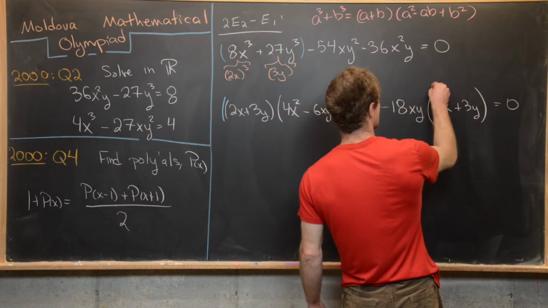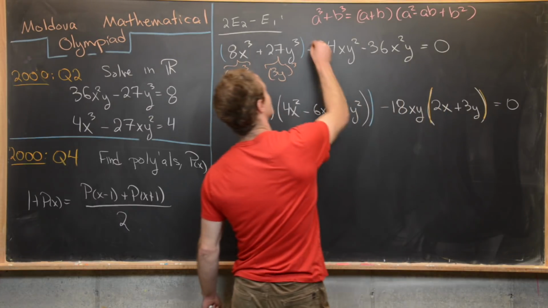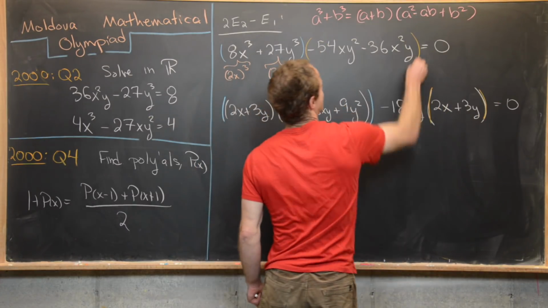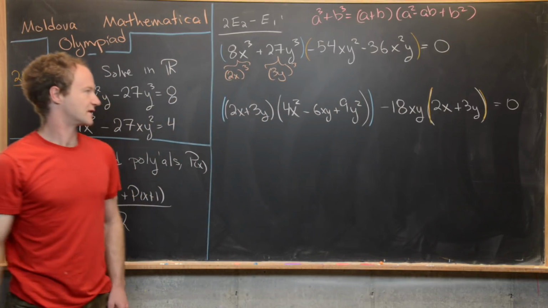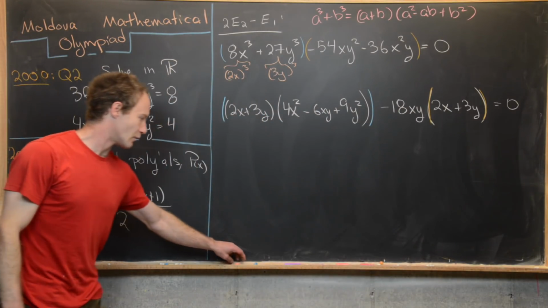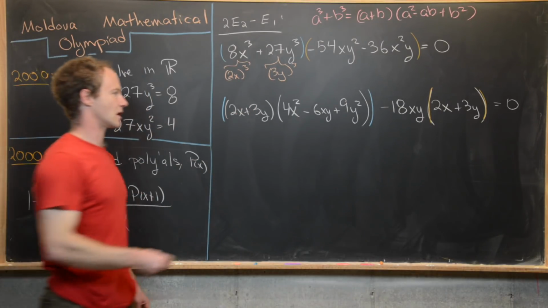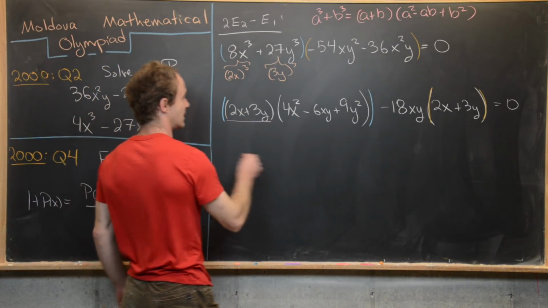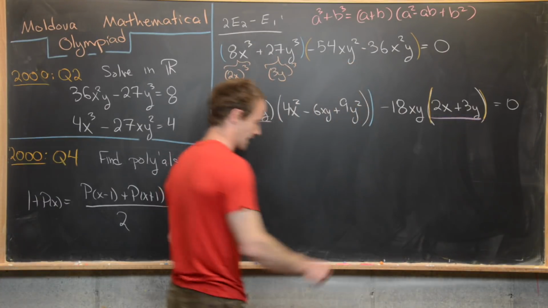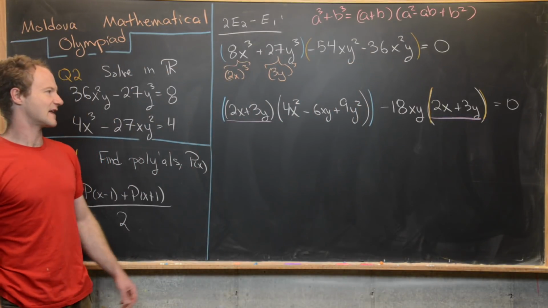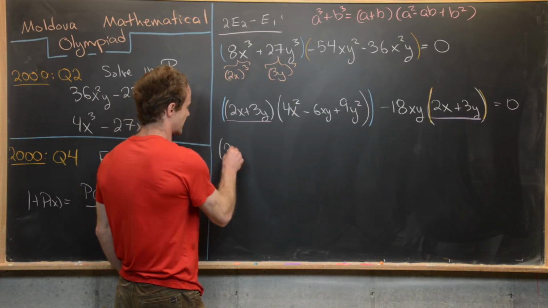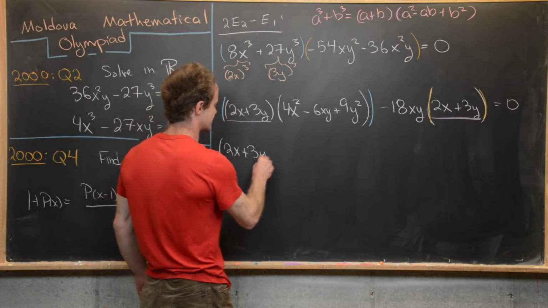So just to reiterate, this came from factoring out of these two terms in the orange parentheses. But now we're set up really well because we have a greatest common factor among all of these terms, and that is 2x plus 3y. So we can go ahead and take that out of the whole thing. So let's go ahead and do that. So 2x plus 3y.